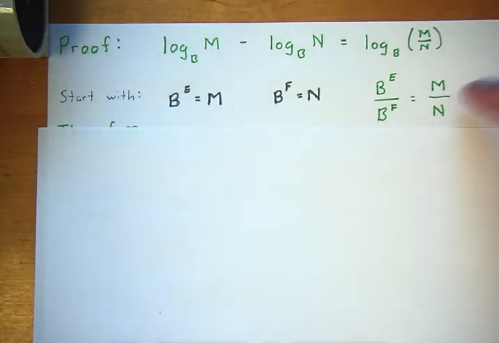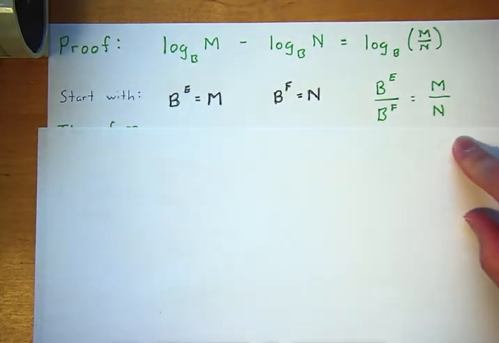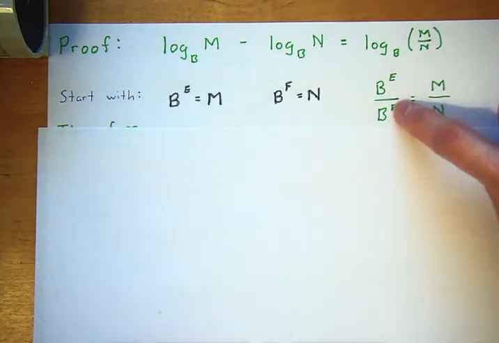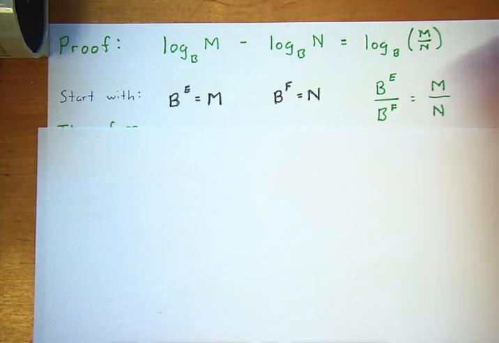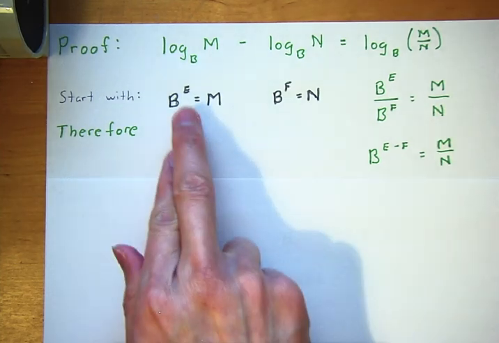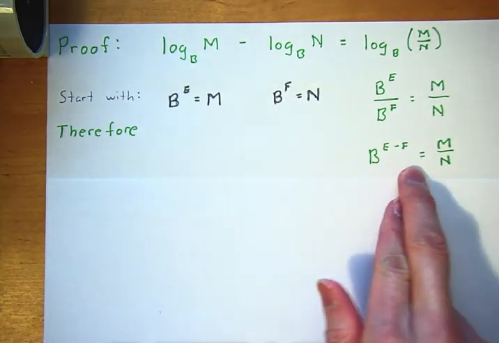Okay, and using our laws of exponents, if I am dividing these two, that's the same as B to the E minus F. Next, I'm going to convert these three right here into logarithms.